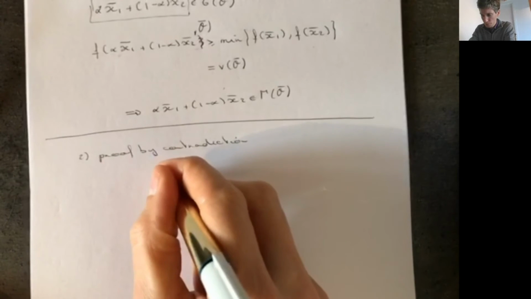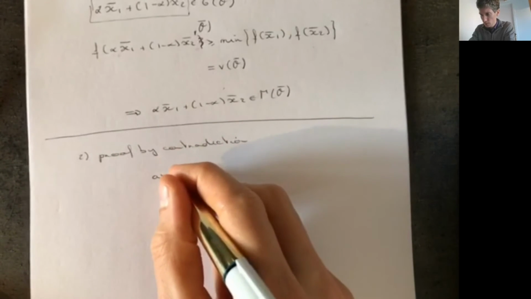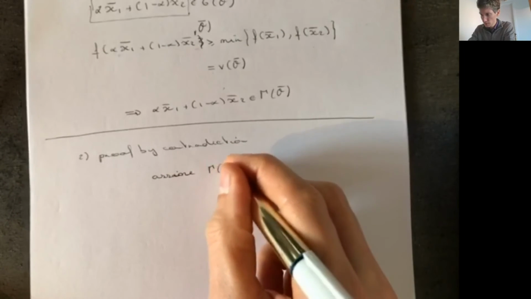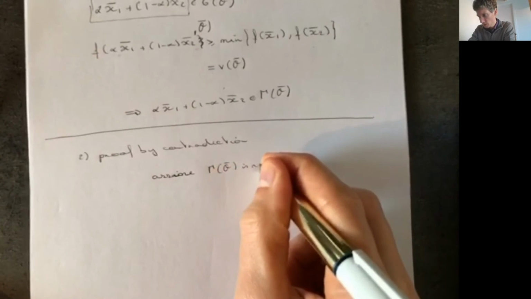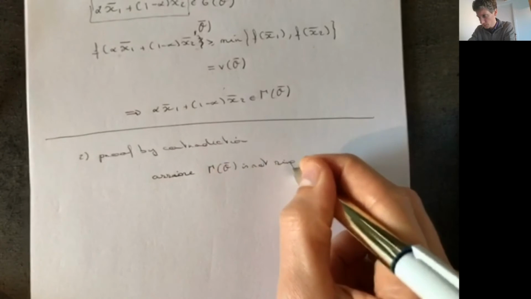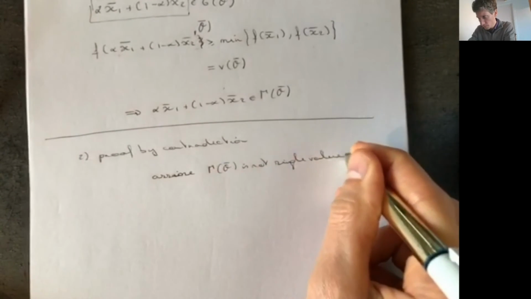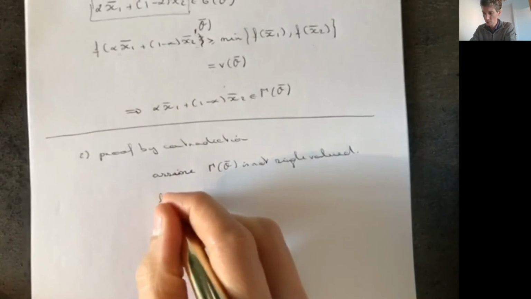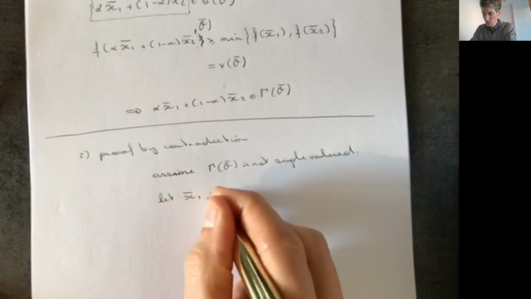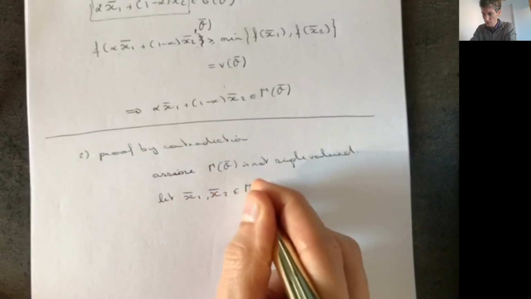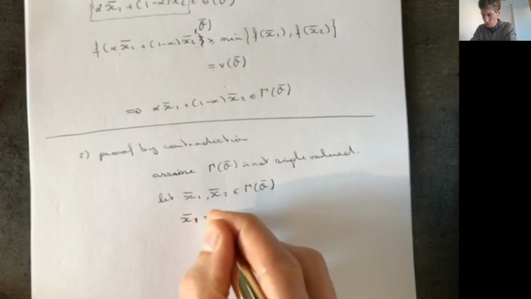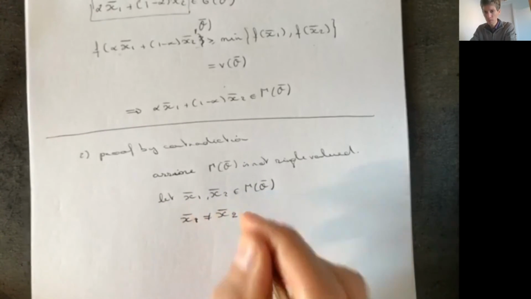So assume that gamma of theta is not single valued. If it's not single valued, then it means that it has at least two elements. So let x1 and x2 be in gamma of theta, and x1 different from x2.